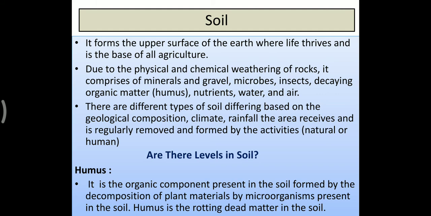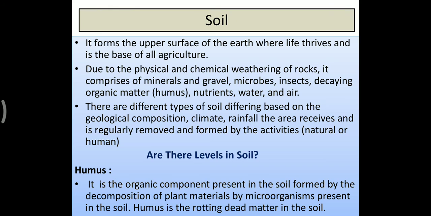This humus is made by the decomposition of dead plants and dead animals. Dead bodies of plants and animals get decomposed by the action of microorganisms, which decay this material and convert it into a black substance which is known as humus, or you can say humus is the rotting dead matter in the soil.